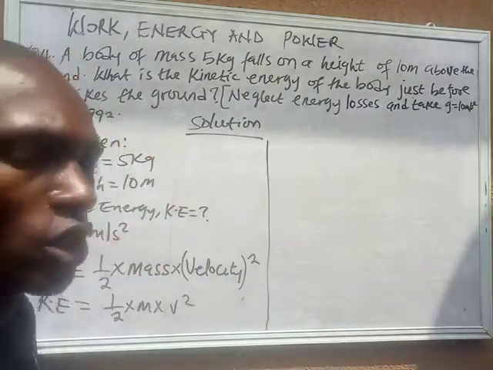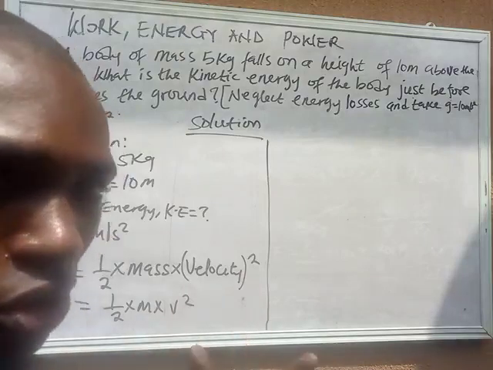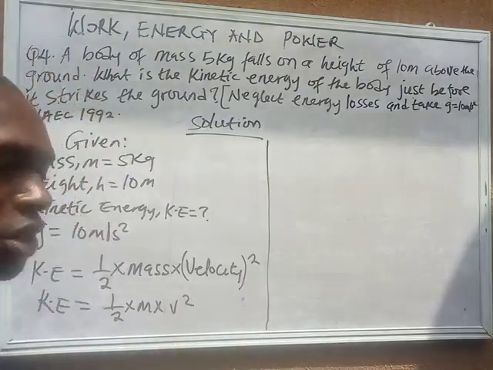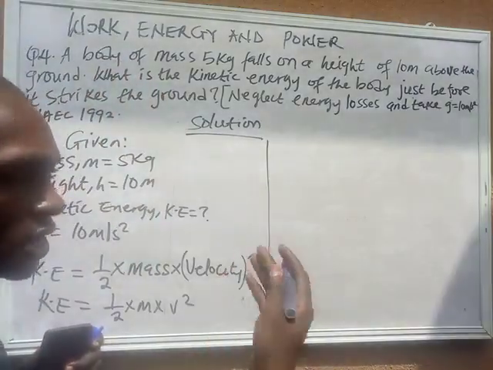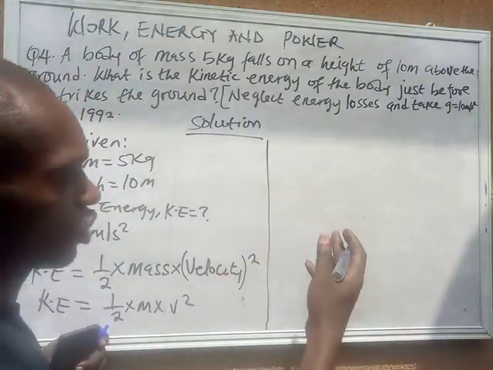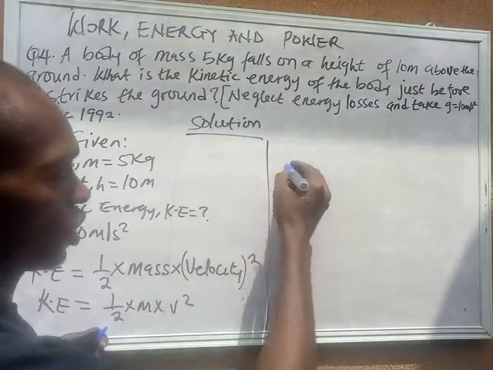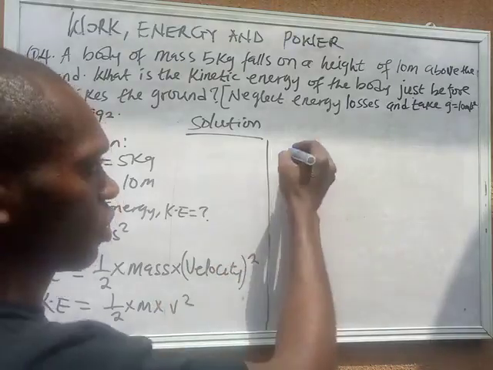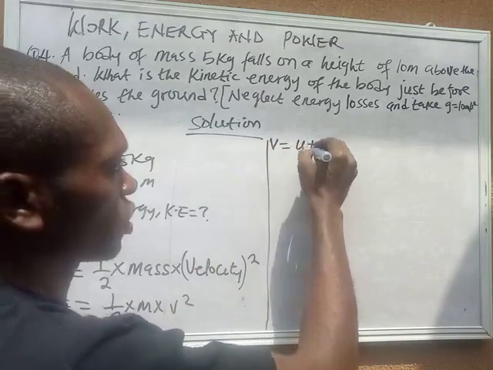Now, if you remember the equations of motion based on linear motion, that's still under acceleration, velocity, and even speed. If you want to calculate linear acceleration, we have equations of motion that we use. The first one is v equals u plus at.